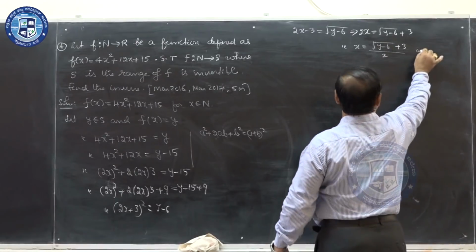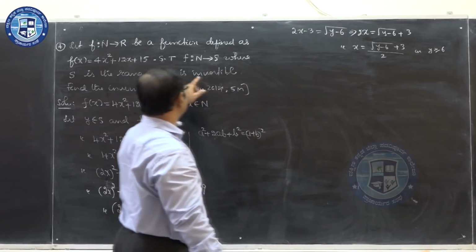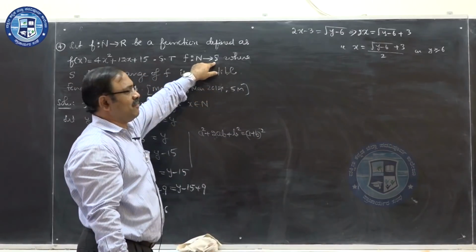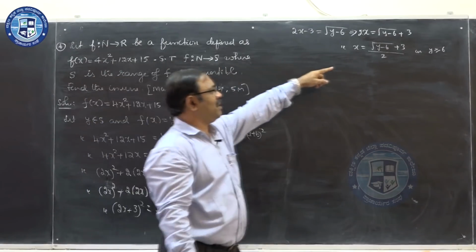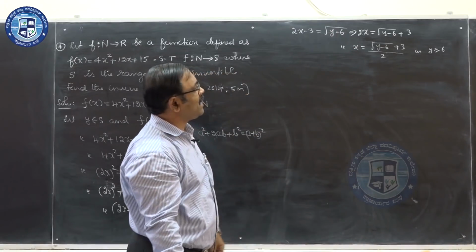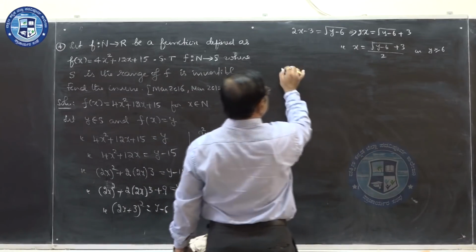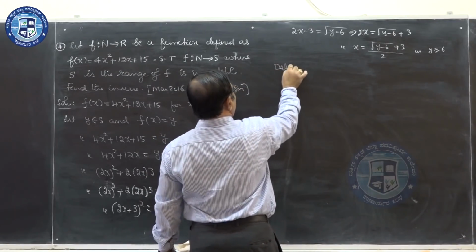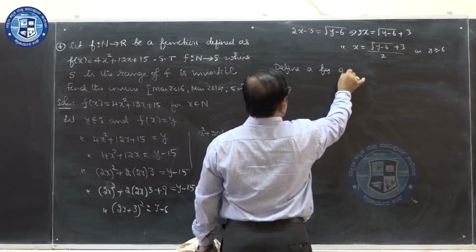And as y is greater than or equal to 6, because always this is defined like that, S is the range of f. Therefore it is defined in such a way that whatever value we find for x, it must exist in that. So y is greater than or equal to 6. Now this is x. So with this you define a function g from where to where?